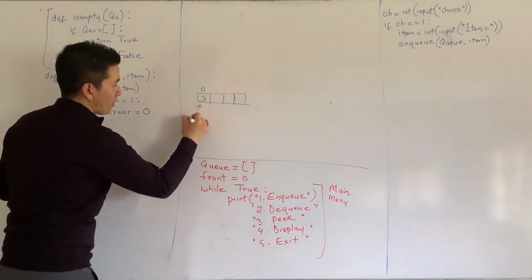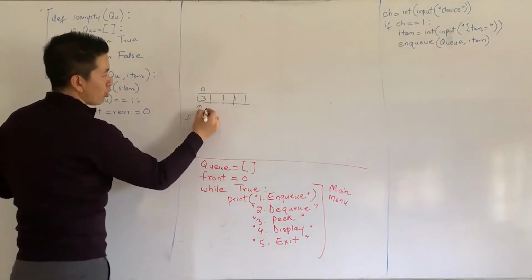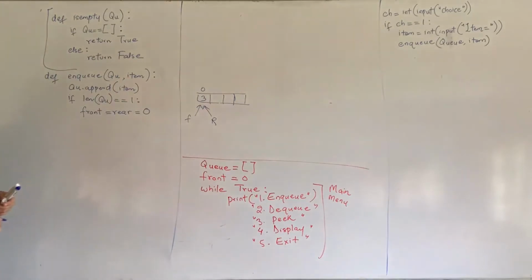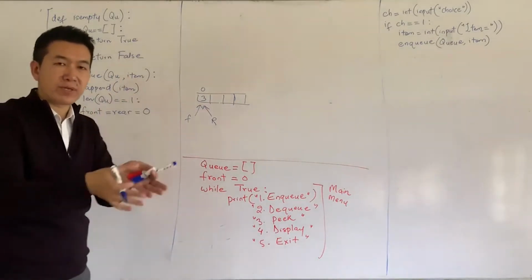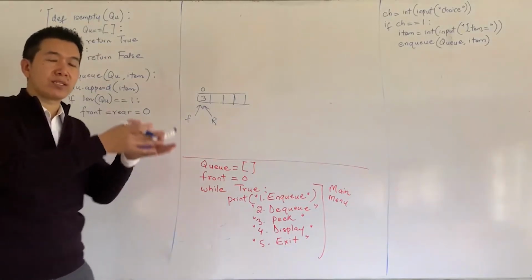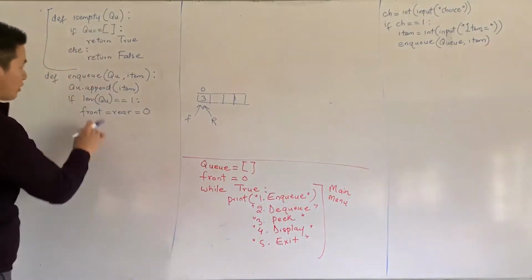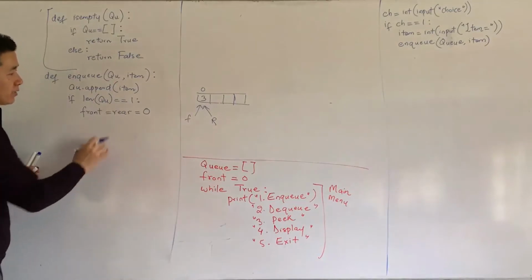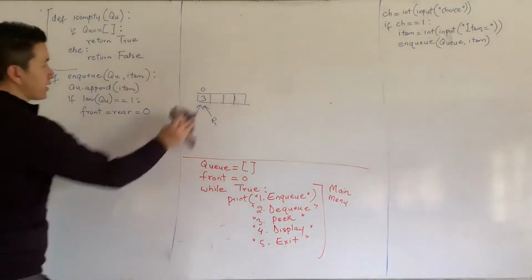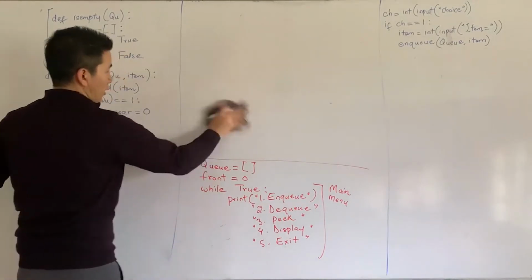Hence, you will have front pointing to 0, and you also have rear pointing to 0. If there is just one person in the queue, that person becomes the first person as well as the last person, right? So if this condition is true, then both the front and rear values should be assigned 0. It's pretty simple.